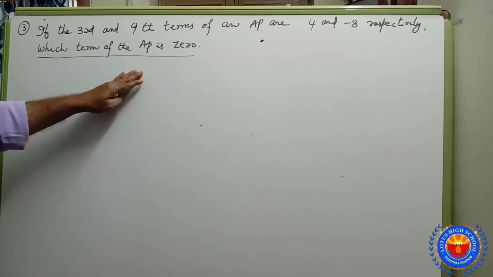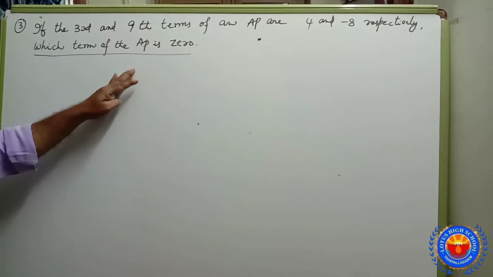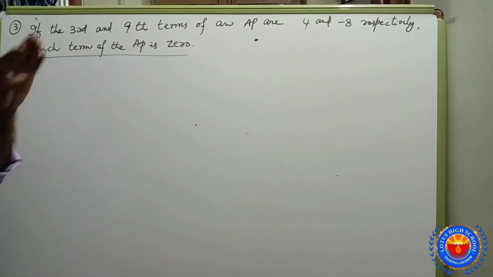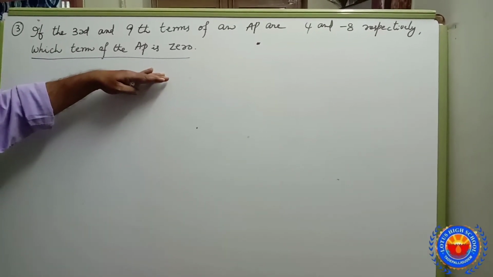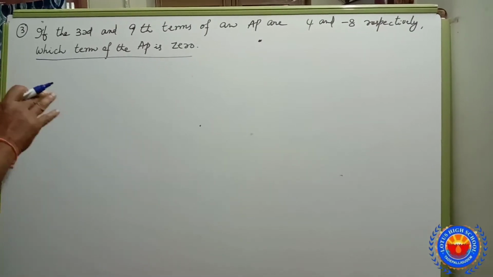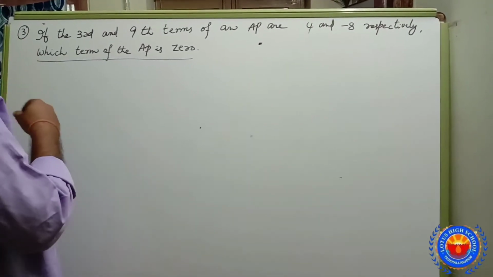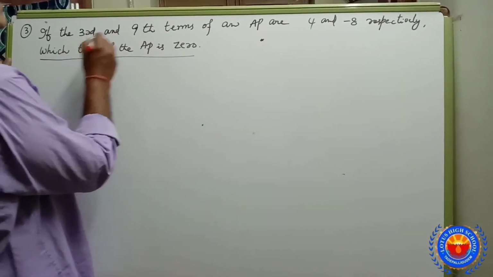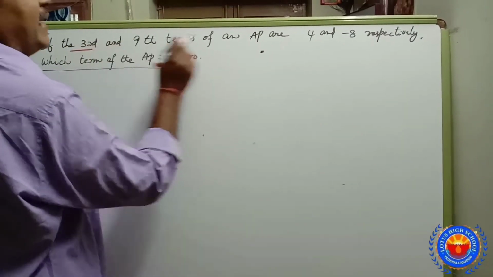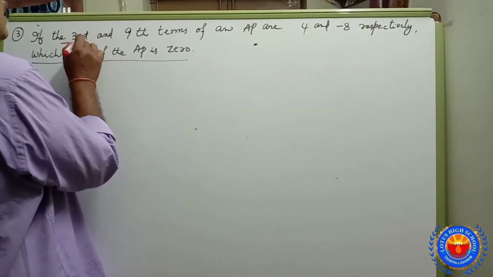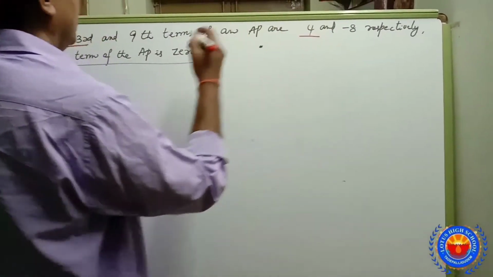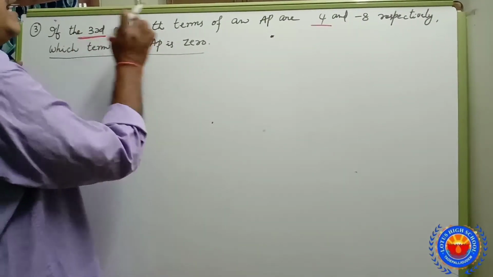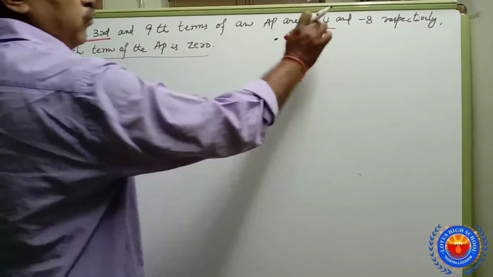This model we did in the last video. A and D is enough. Full AP is not required. So already you know this method, I explained it in the last video. Here, the important thing is the third and ninth terms. The third term is 4 and the ninth term is minus 8.